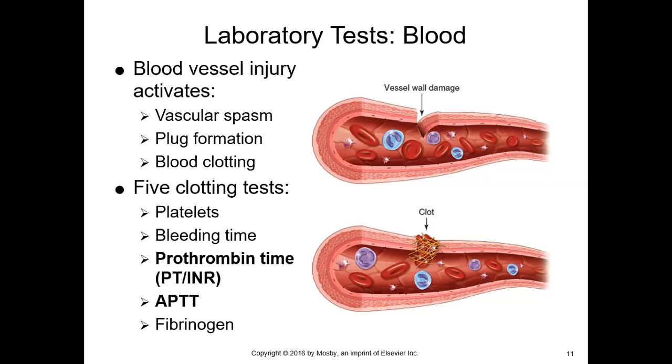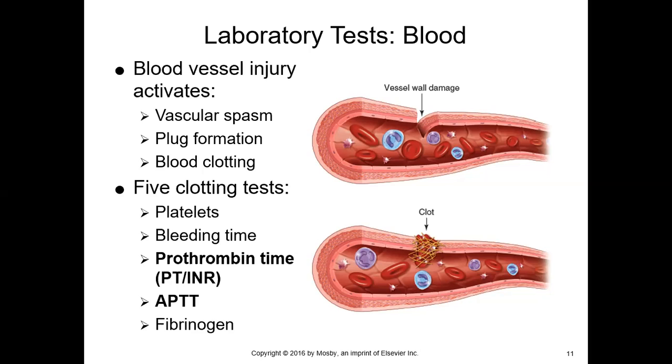Other tests we may do to look at clotting factor could be, like we said, the amount of platelets, but we could also be looking at the bleeding or clotting time, so how quickly it takes for that clotting to happen. We may look at what's called a prothrombin time. Not to get into too much detail right now, but there are different types of clotting factors and different what we call clotting cascades.